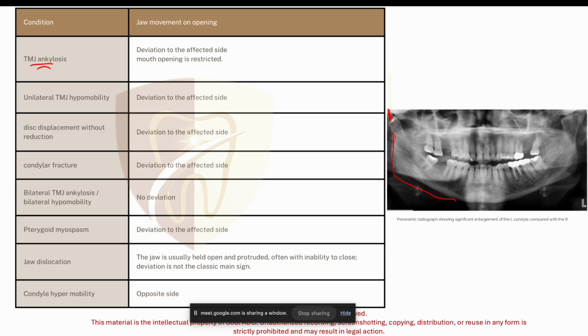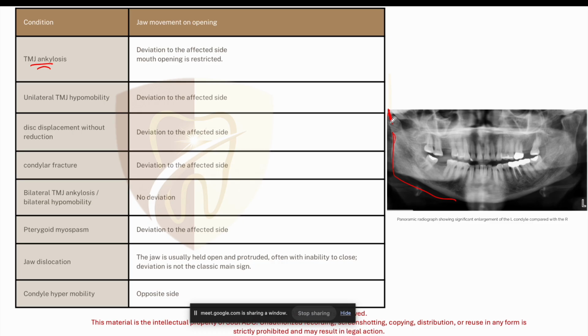So when you try to open your mouth, it will deviate towards the affected side. I'm trying to explain how you can think about it so that you don't have to memorize it. You are trying to understand that when you are opening your jaw, if this area is fused, the area in this region gets reduced. There is less space, and that's why it moves towards the affected side.